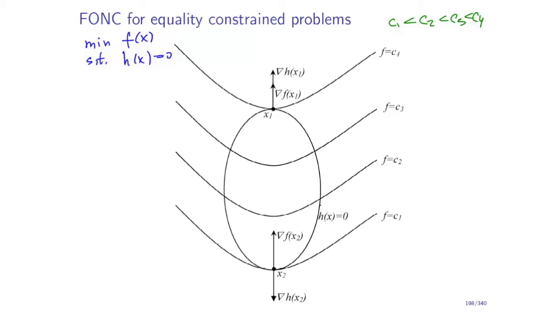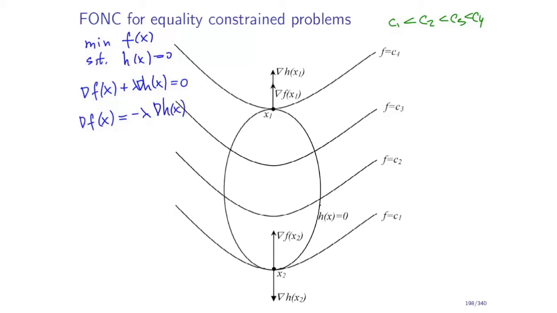And this is exactly what the first-order necessary condition predicts. It tells us that the gradient of f at x plus lambda times the gradient of h at x is 0. This means that the gradient of f at x is given by minus lambda times the gradient of h at x.